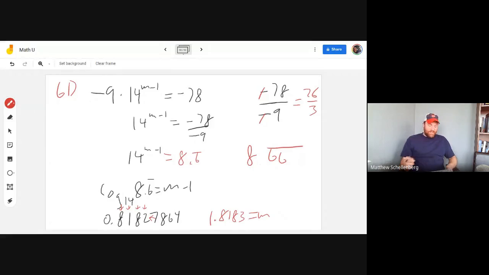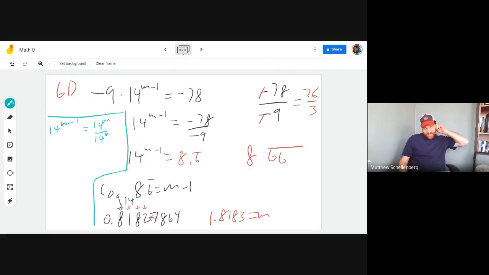So the thing that's going to blow your mind that I was talking about is, if you have 14 to the m minus 1, m, not n, did you know that's actually 14 to the m over 14? Because remember, this has a 1 and it's being subtracted.